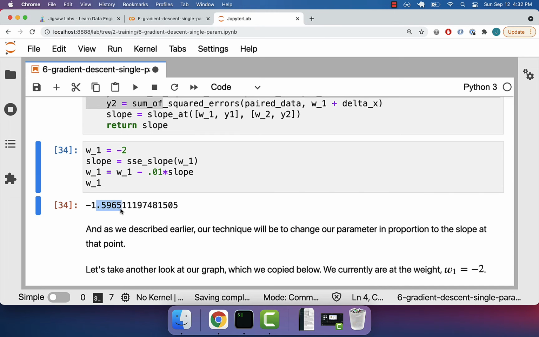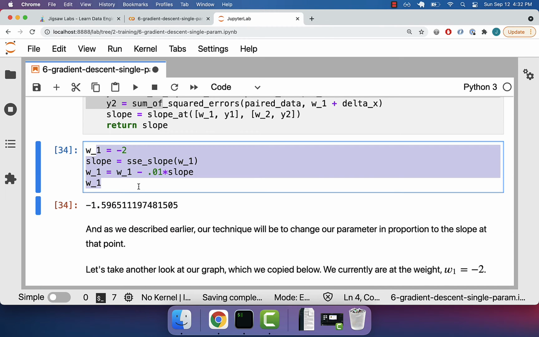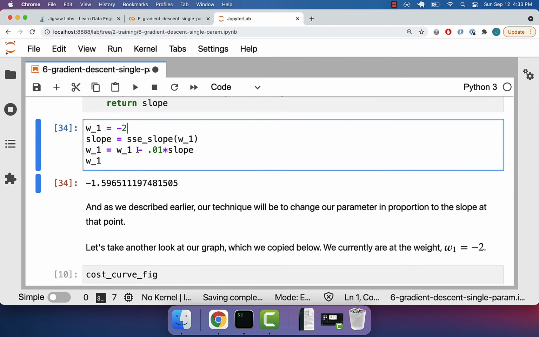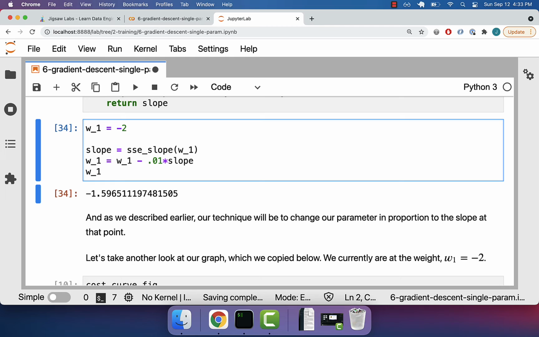Cool. All right, so we take a step. And what we want to do is keep taking steps. So we don't do this just one time. Let's do this multiple times. Let's maybe refactor this a little bit.